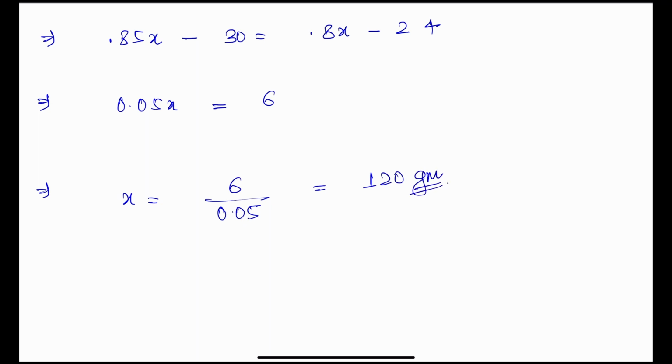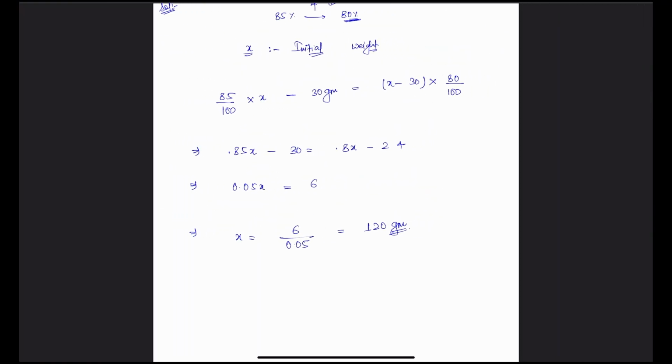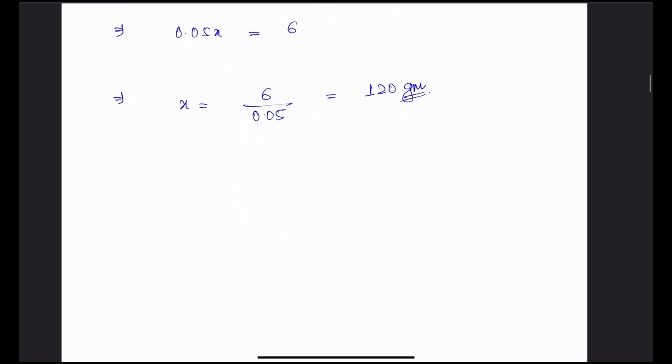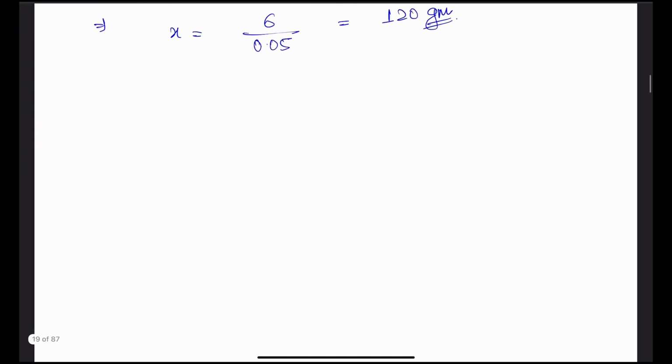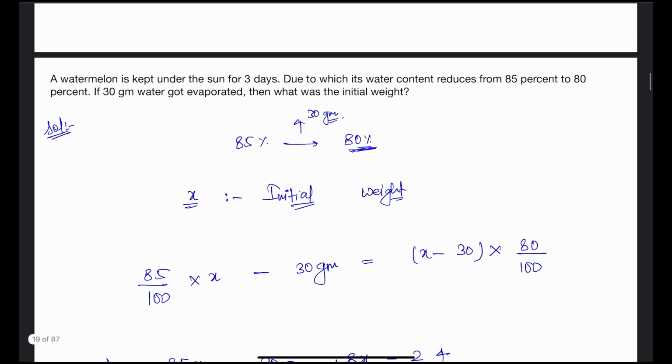So there is this approach which I solved, and there is another approach. Let's suppose x is the initial weight. So how much will the pulp be? If 85% is water, then 15% is pulp, and here 20% is pulp. So if we equate the pulp part, x into 0.15 is equal to x minus 30 into 0.2.